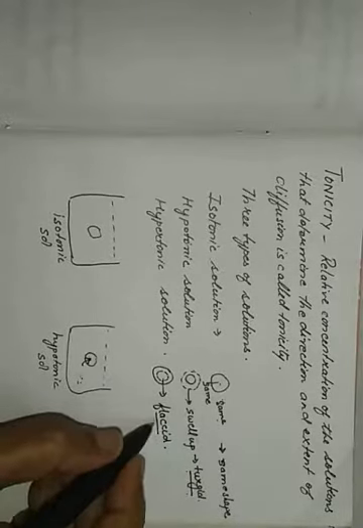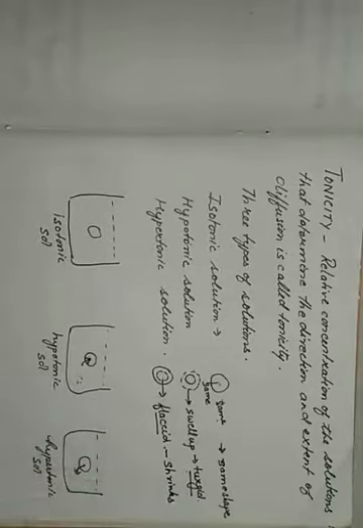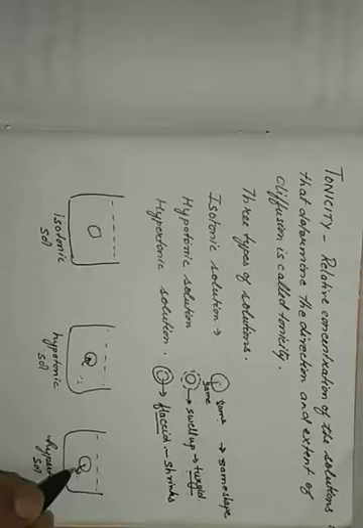Again, a new term has come up. We use the word turgid when it swells up, flaccid when it shrinks. So students, learn these two new terms. When a cell is kept in the hypertonic solution, there will be exosmosis.